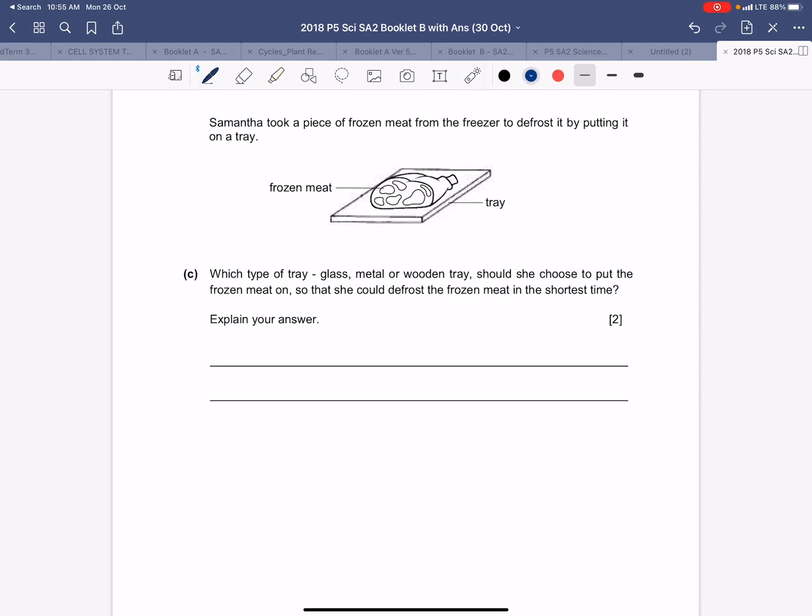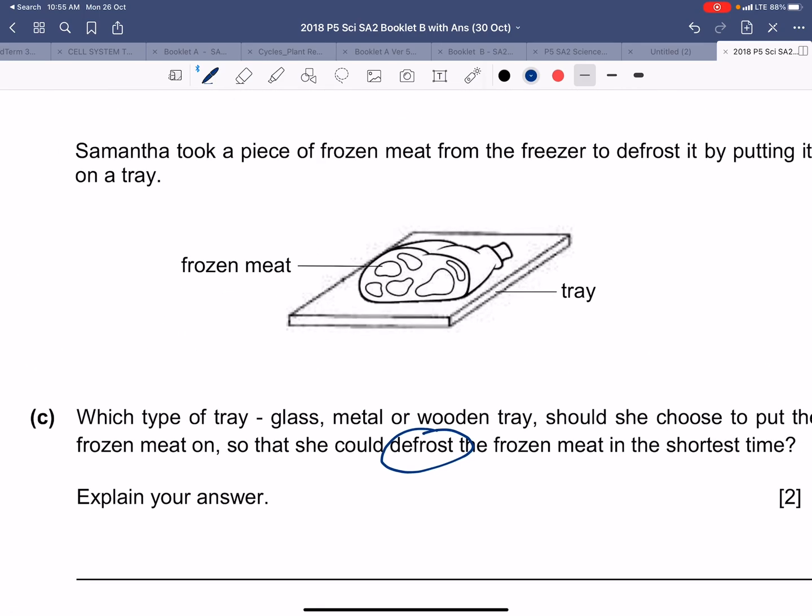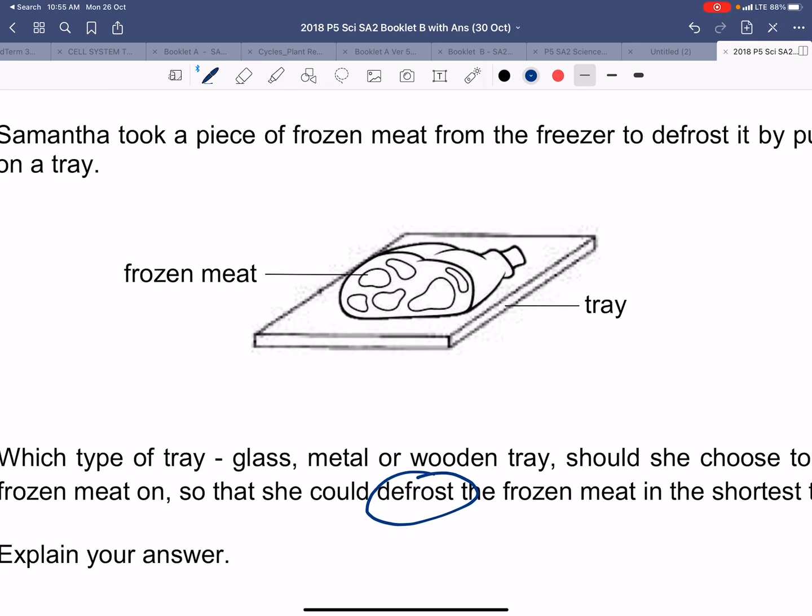Samantha took a piece of frozen meat from the freezer to defrost it by putting it on a tray. Which type of tray, glass, metal, or wooden, should she choose to put the frozen meat on so that she can defrost the frozen meat in the shortest time? So once again, with heat questions, I will always determine which region is of a higher temperature. So in this case, this is about 25 degrees Celsius surrounding, or if it's outdoor, it's 30 degrees.